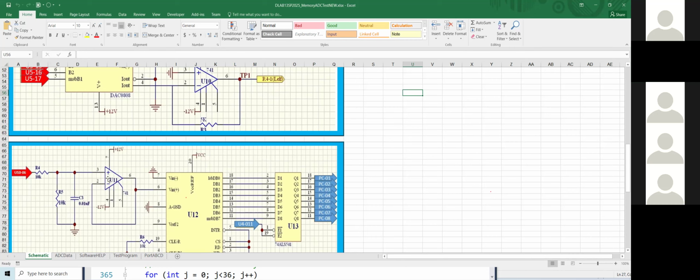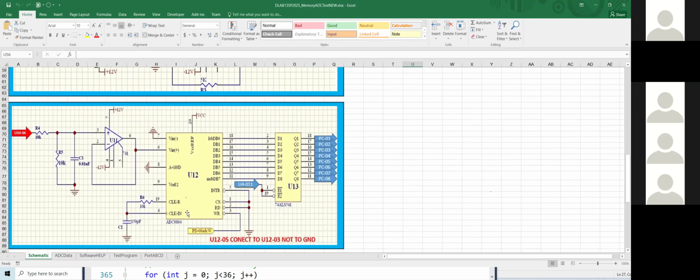And you measure U11, pin 3 is supposed to be 5. And U11 is a follower, okay, unity gain. That means input and output are the same. If you get 5 volt at pin 3, pin 6 will be 5 volt. And U12 pin 6 will be 5 volt. Okay.